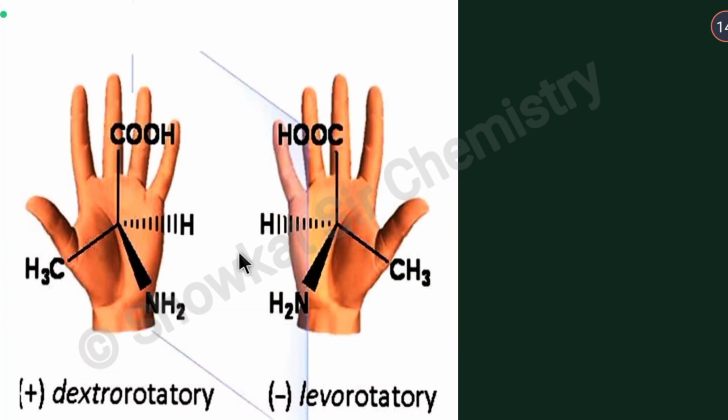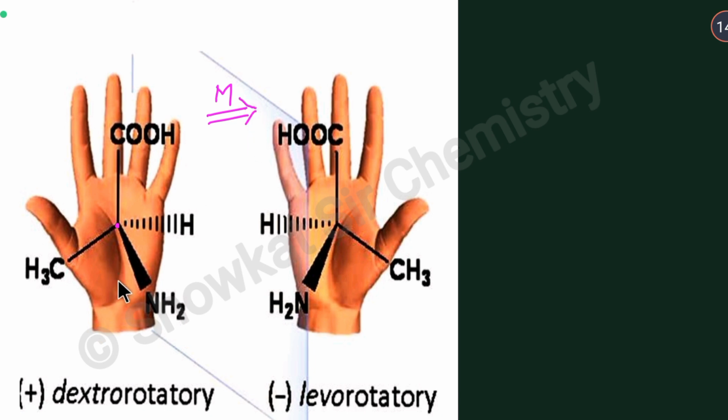And now you can also understand this by taking this example. We have 2 hands, right? We have a left and a right hand. If I put a mirror here, how will this molecule look? It will look like this. If you show your right hand to the mirror, it will look like your left hand, right?